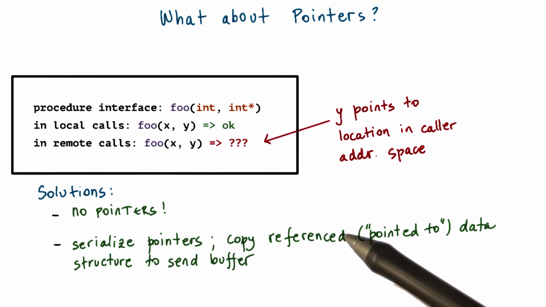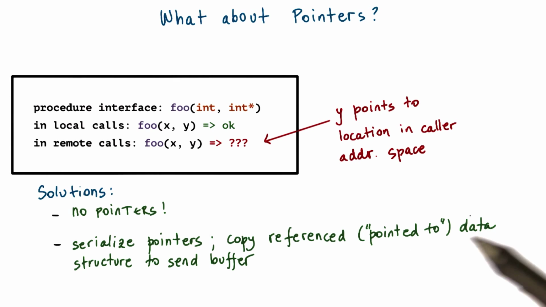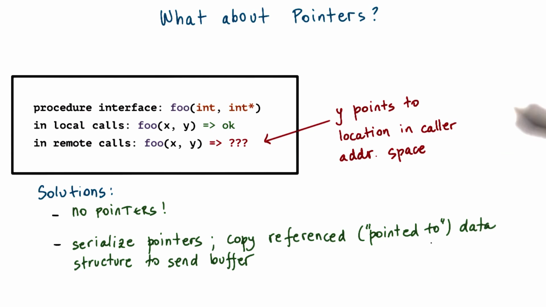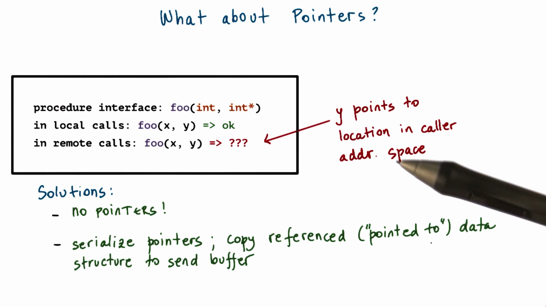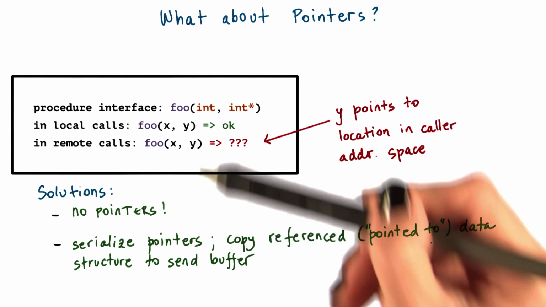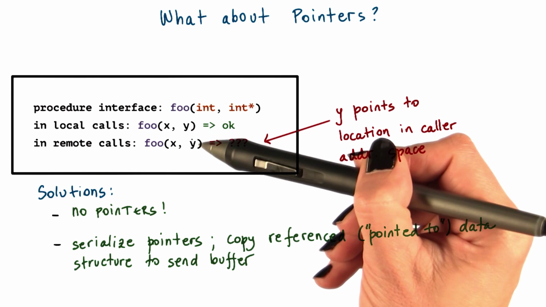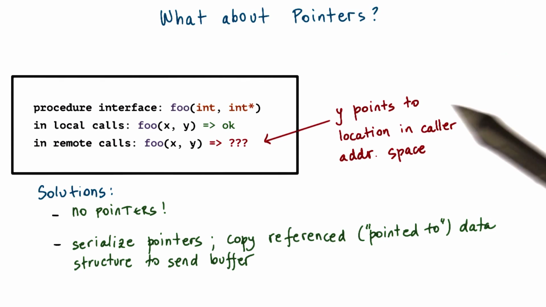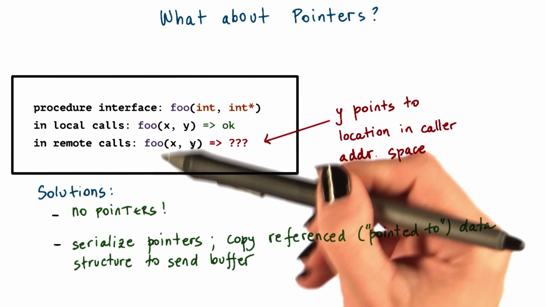What that means is that it will copy the reference, the pointed to data structure, into the data buffer into one serial representation. On the server side, the RPC runtime will first have to unpack all the data to create the same data structure. Then it will record the address to this data structure, and that is the value, the pointer that it will use as an argument when it makes the call to the actual local implementation of this particular operation.